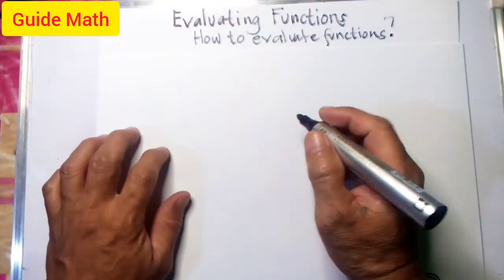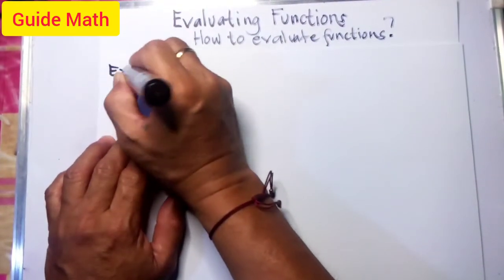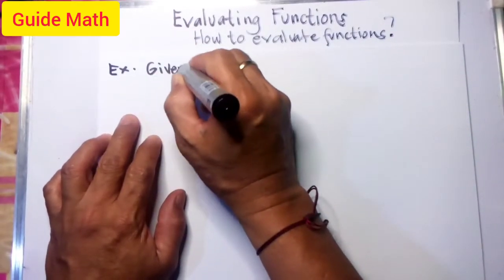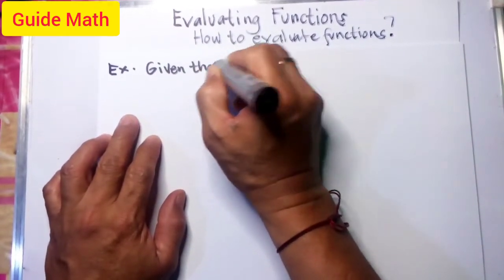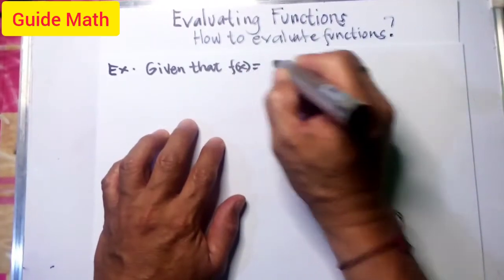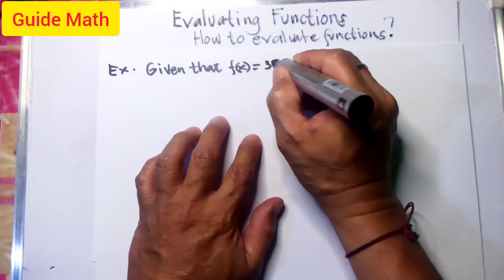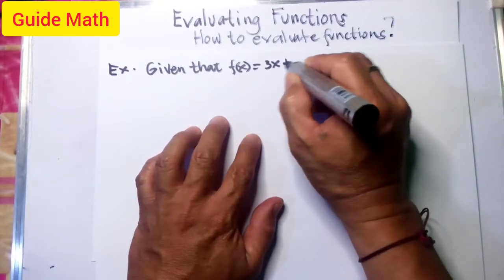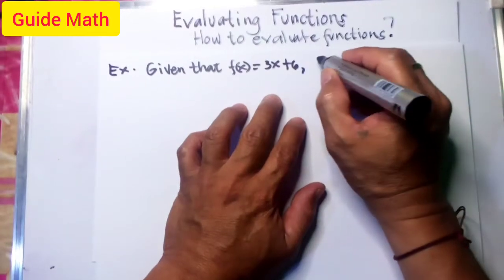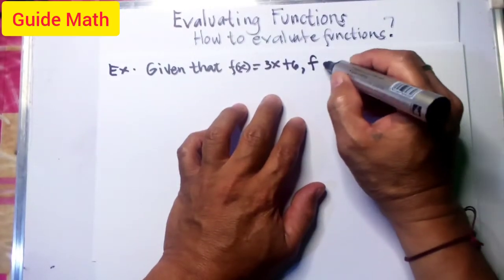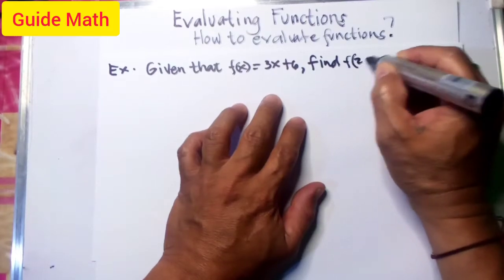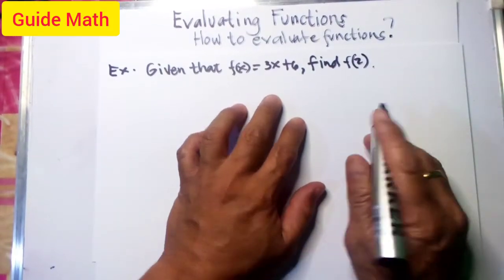Suppose we have given a rule or a function f of x is equal to 3x plus 6, and we have to find f of negative 2 as our input.